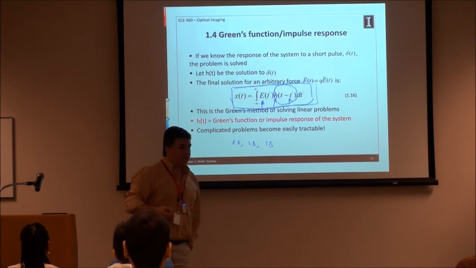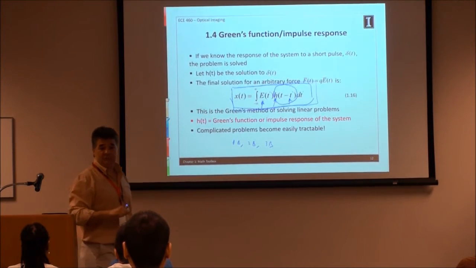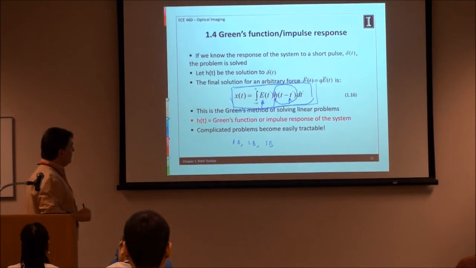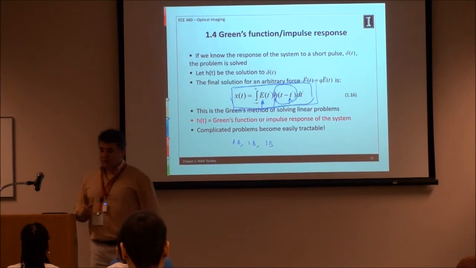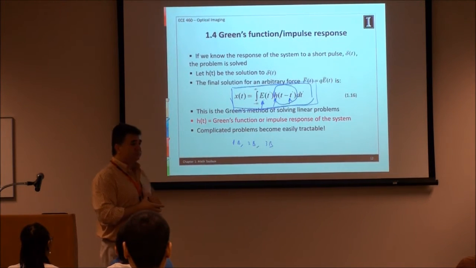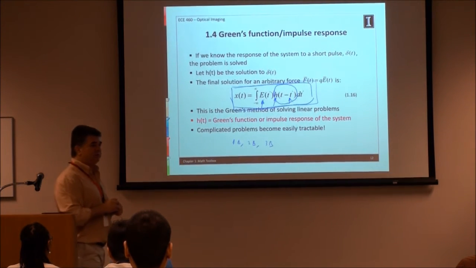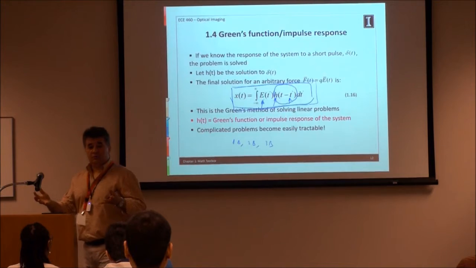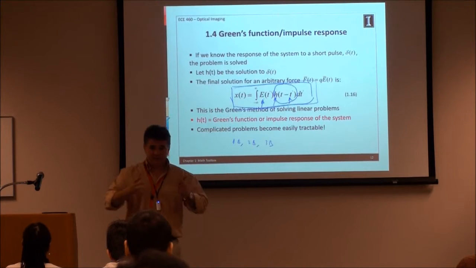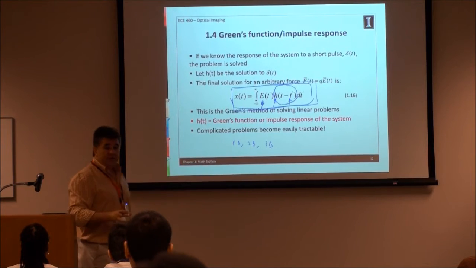Usually, you have a knob, so as long as you turn the power down, the problem becomes more and more linear. To me, it's a little trickier in the spatial domain, where nonlinearities come from the fact that your samples are highly scattering. Most cells, imaging most cells under a microscope, are transparent enough such that the differential equation that governs the light interaction with that sample, with the live cell, is linear.